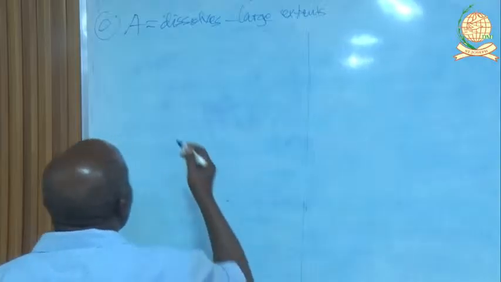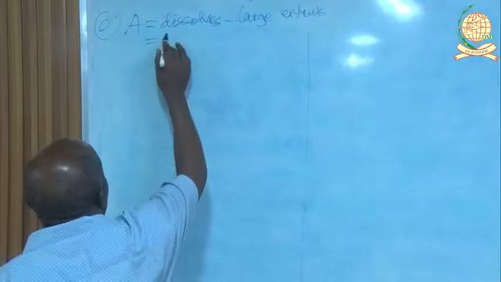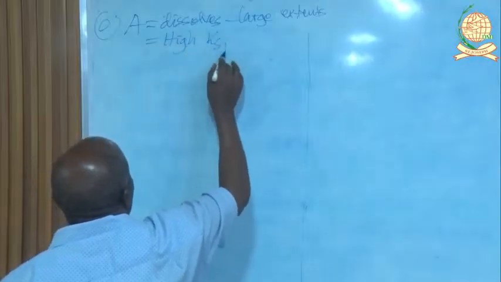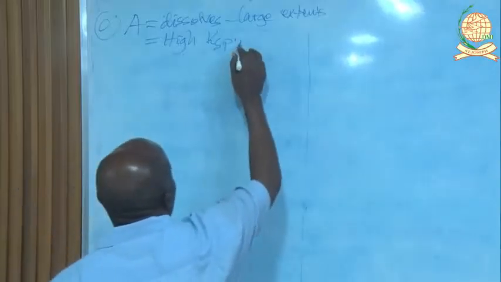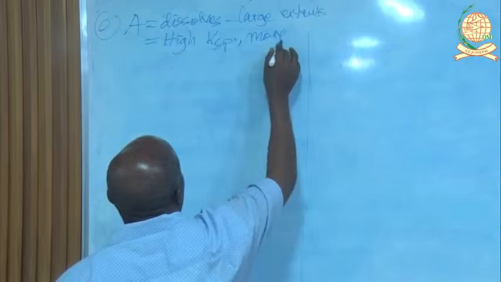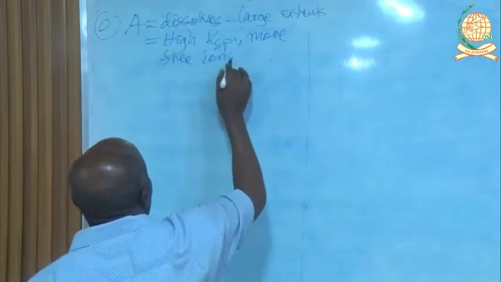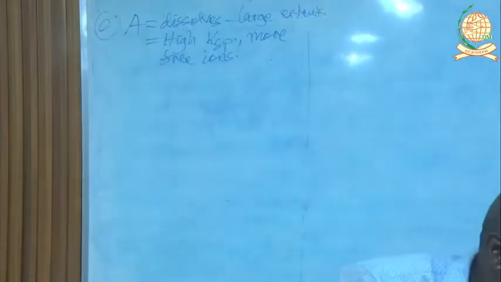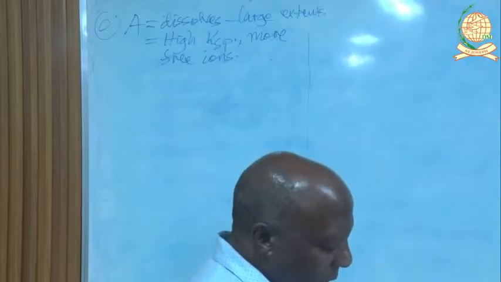As a result, it will have a high Ksp value, because it contains more free ions. It means that there is a high concentration of free ions. That is why its Ksp value will be high.